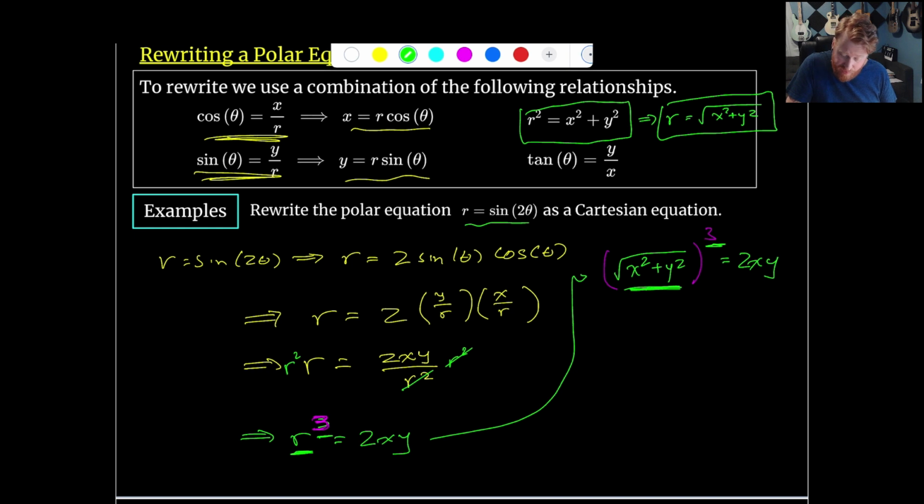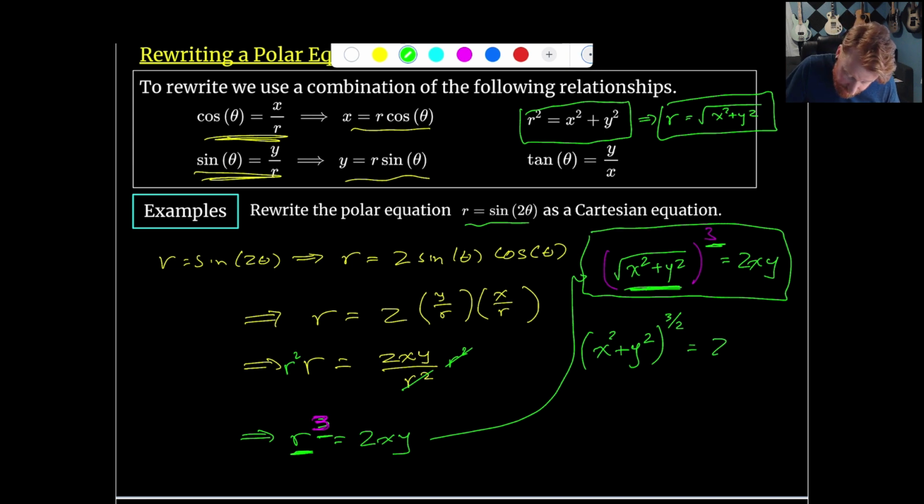Then we could rewrite this a little bit cleaner as x squared plus y squared to the 3/2 power, combining that power and the square root. The square root we could write as 1/2. This is a little bit nicer. This is a fine answer, but if I wanted to, I could rewrite it this way.